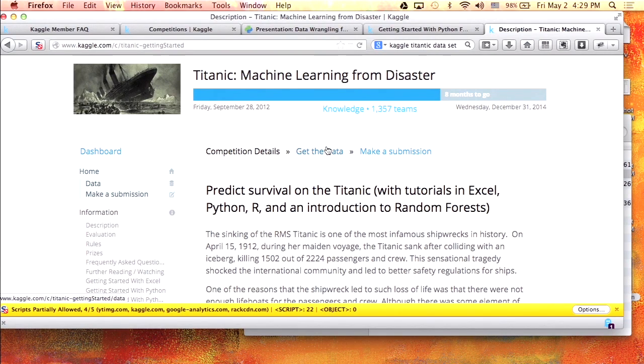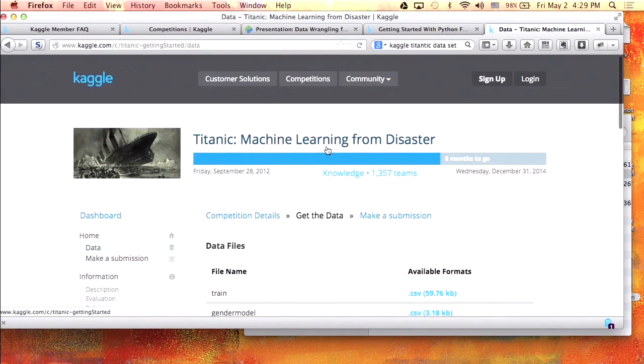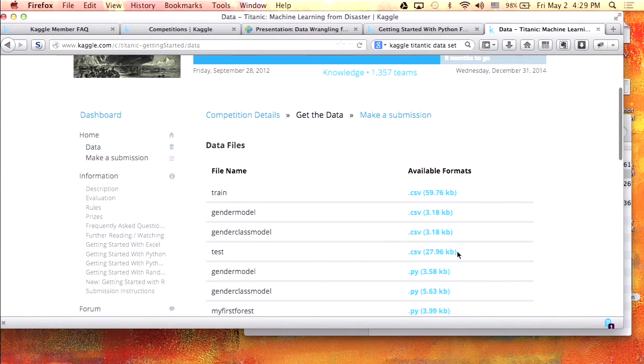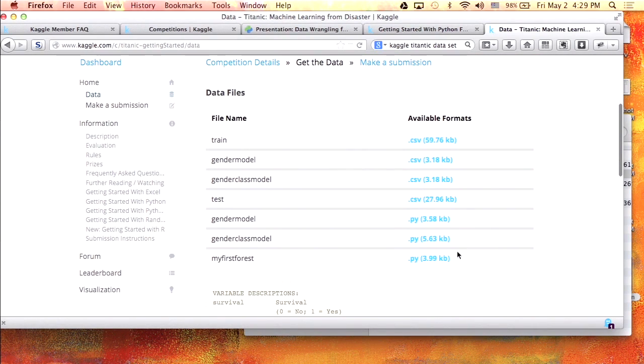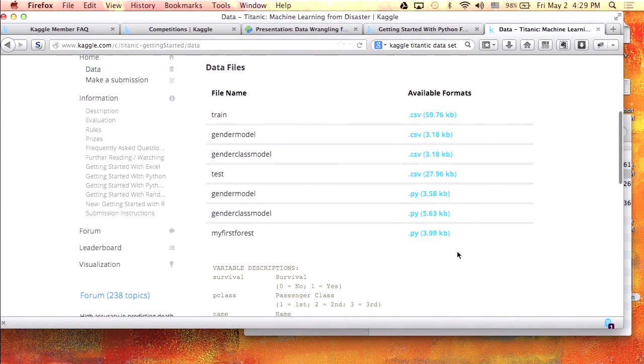One, if you can navigate to the Kaggle Titanic Getting Started, go to Get Data, and you will be testing and training based on the data files. Before you actually get into the machine learning part, could you open the Kaggle IPython notebook?